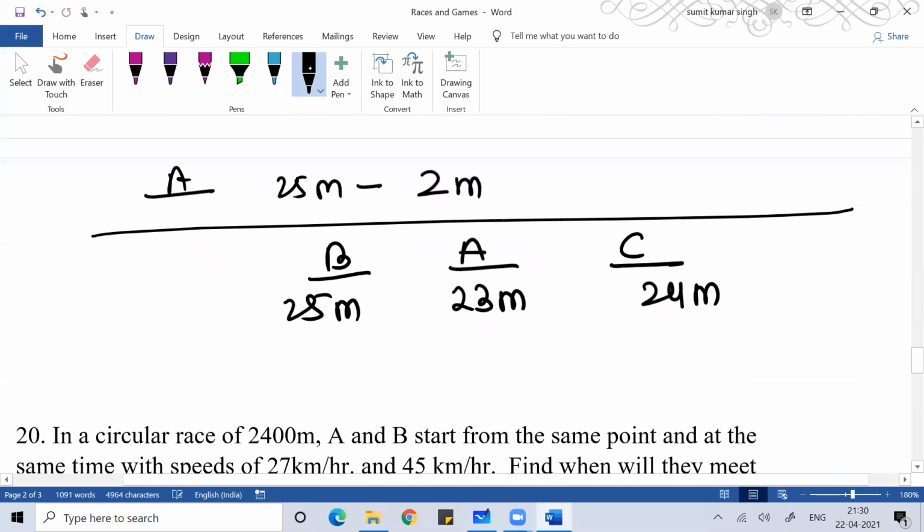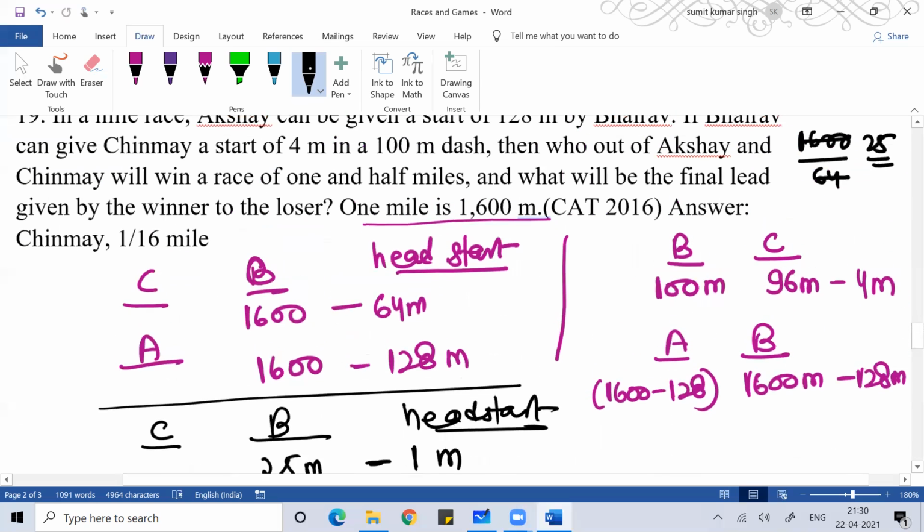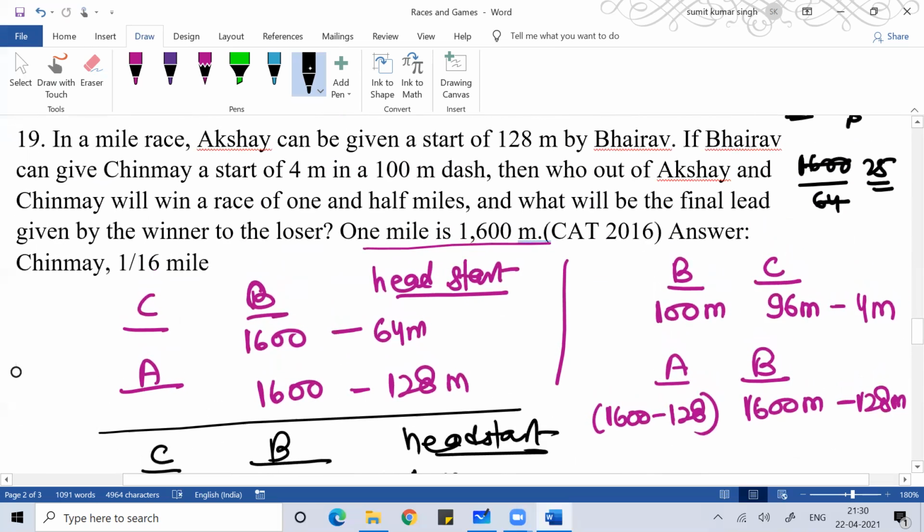So when Chinmay would cover 2400 meter, Akshay would have covered 2300 meter, and Bhairav would have covered 2500 meters. So actually, this race is of 2400 meter. You can understand 1.5 mile is 2400 meter.